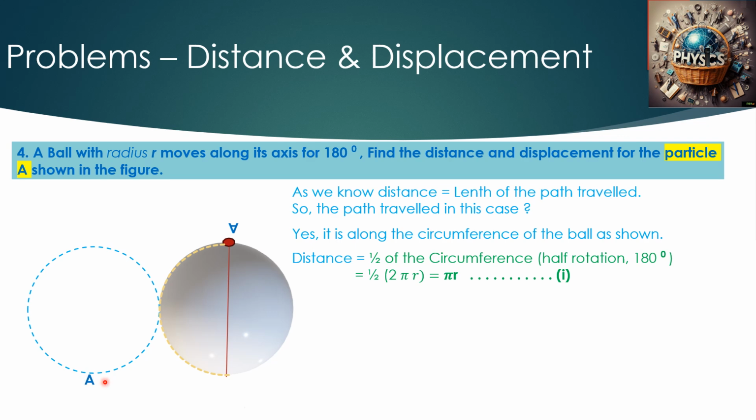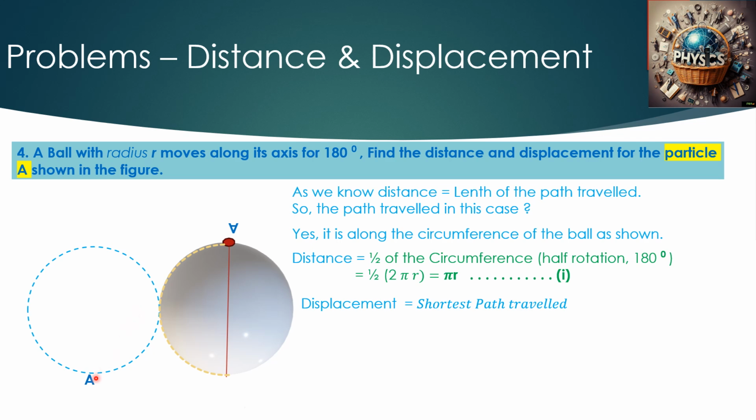Now since the ball has also moved in the forward direction, it has also moved by the same distance because of this rotation. So the ball has rotated by half circumference, and this particular bottom of the ball also moved by the same distance. That is where we can find the displacement, and we know displacement is the shortest path between the initial point and the final destination.